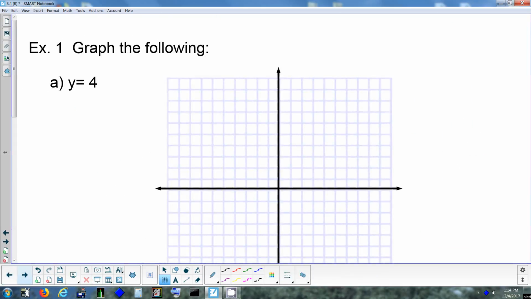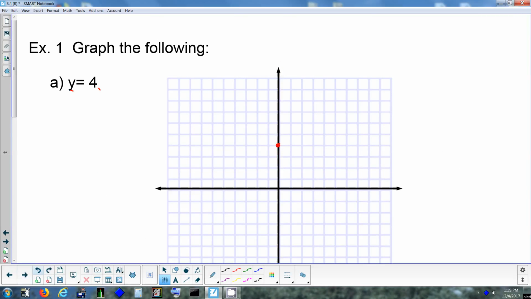So like Mr. Royce said, graph that number on that axis. Where's 4 on the y-axis? Up or down? Up. And now you always draw the line opposite the axis, because if you drew it right on it, you wouldn't see it.